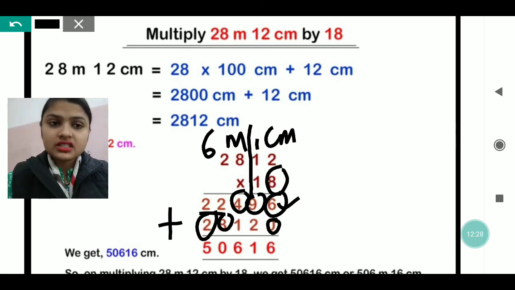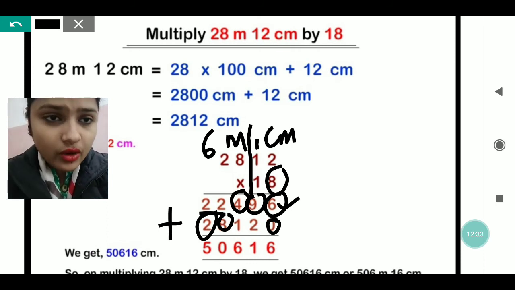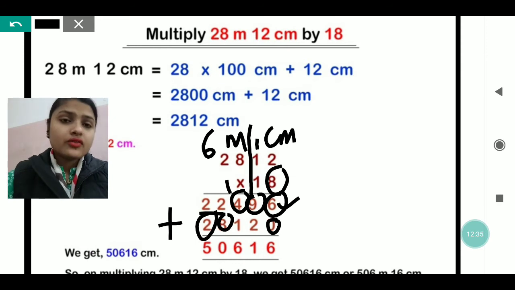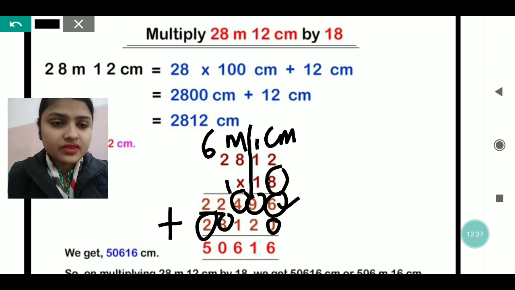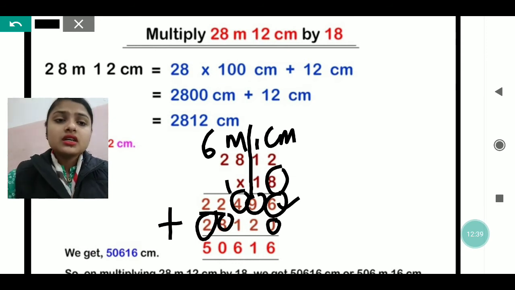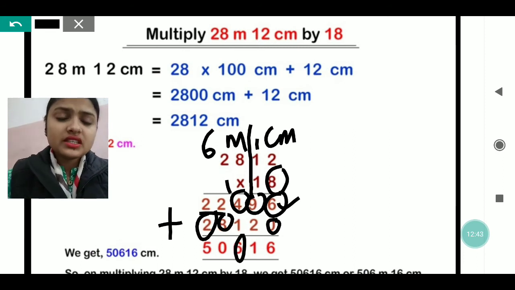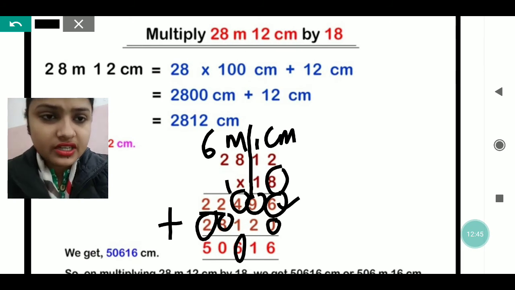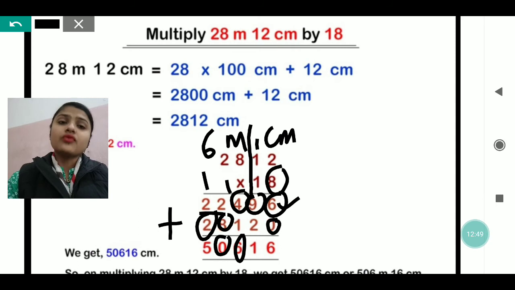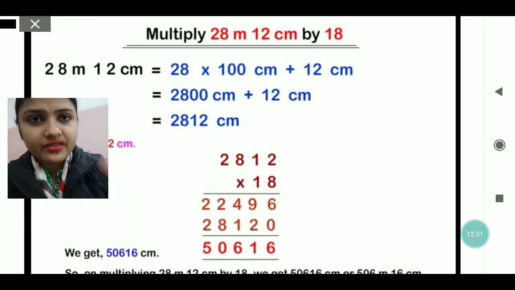We will add both rows so that we can get the exact product. 6 plus 0 is 6, 9 plus 2 is 11. So 1 you will write down, 1 we will carry. 4 plus 1 is 5, plus 1 is 6, which is written here. After that 2 plus 8 is 10, so 0 is written down and 1 we carry. 2 plus 2 is 4, plus 1 is 5.